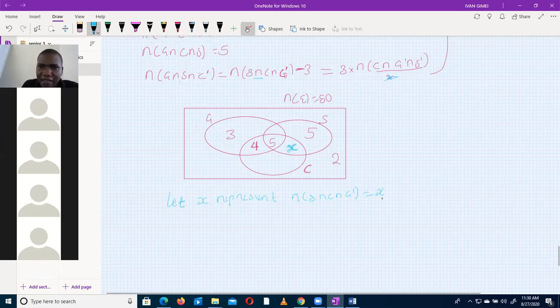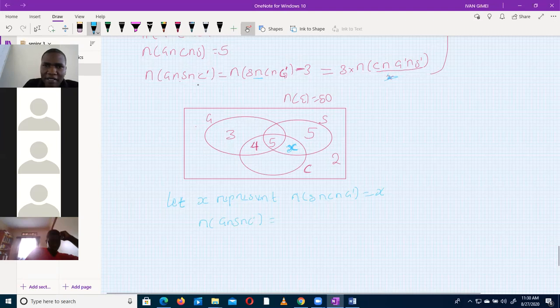If this is that, what would G and S be equivalent to in terms of X? What would it be equivalent to? Let's get it from here. X plus 3. Minus 3. It is X minus 3. So we shall have X minus 3 here.